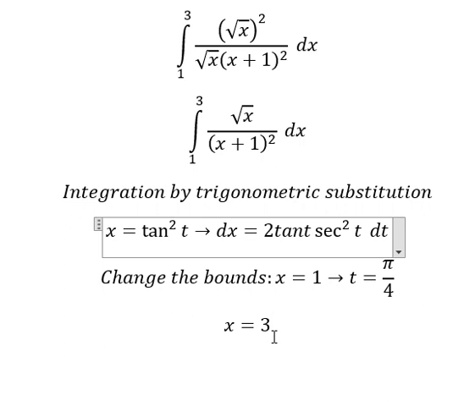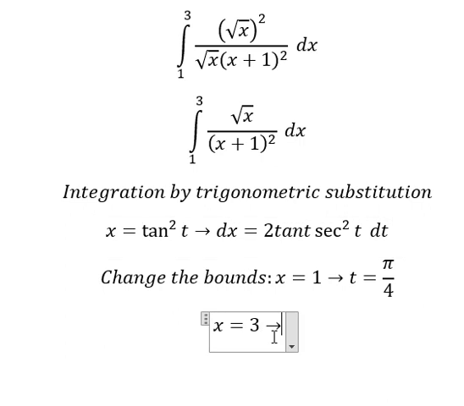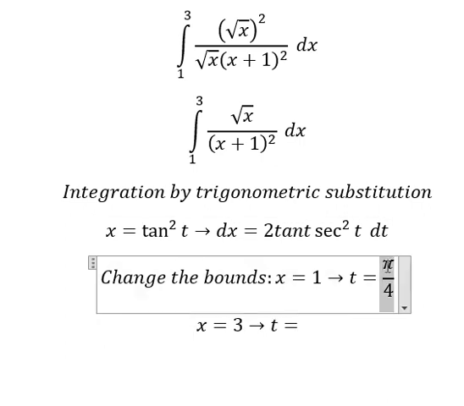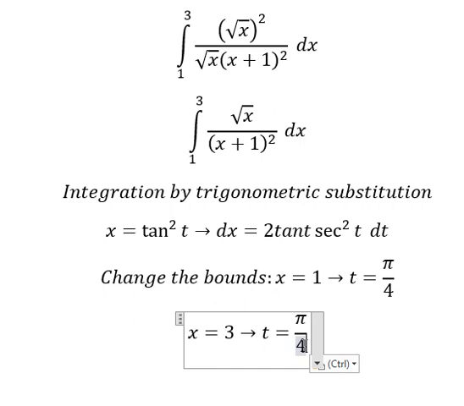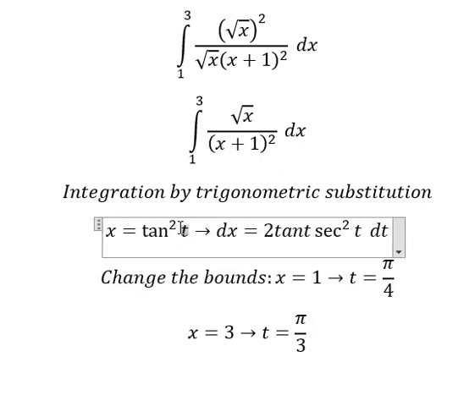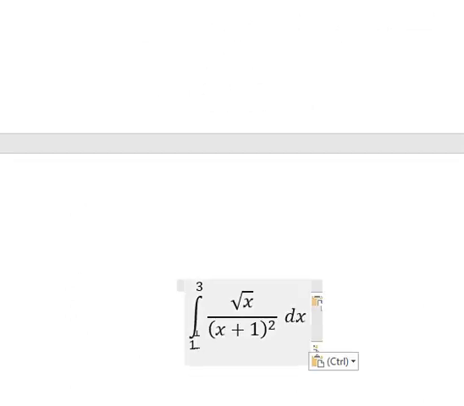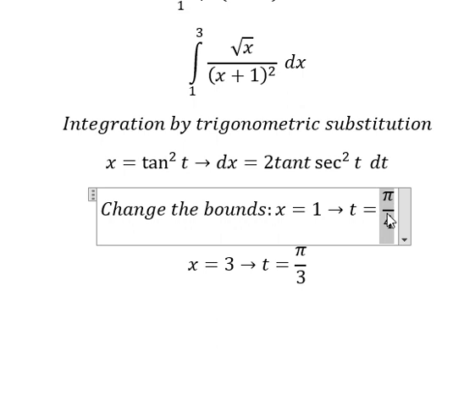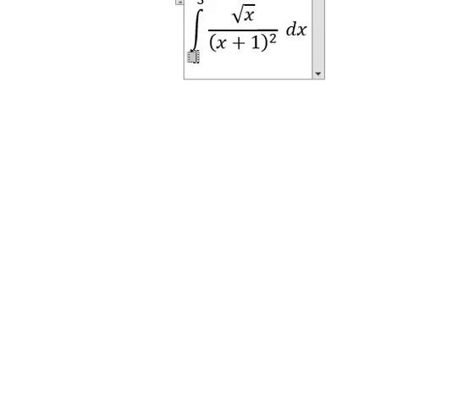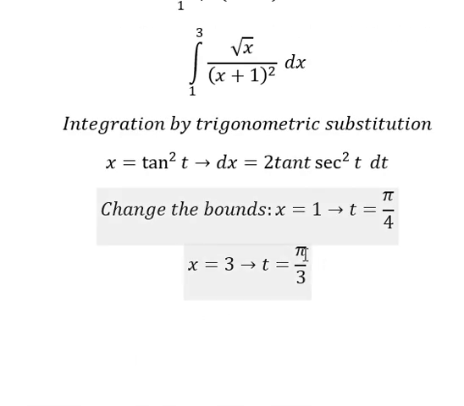And that is about pi over 3. So because if I put pi over 3 go back in here, tan pi over 3 to the power of 2, you got number 3. So number 1, we change for pi over 4. Number 3, we change for pi over 3.